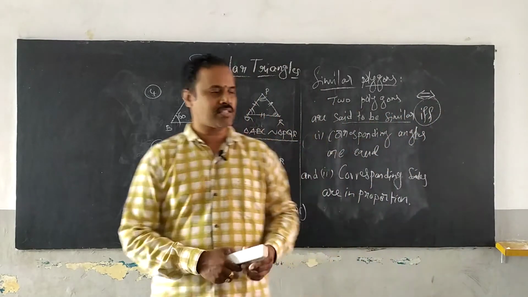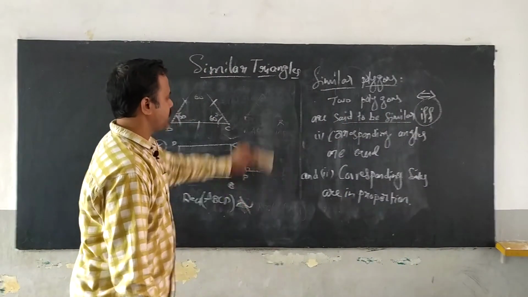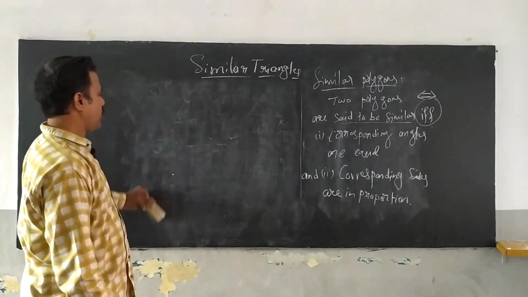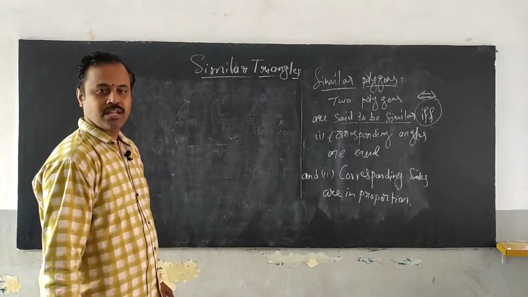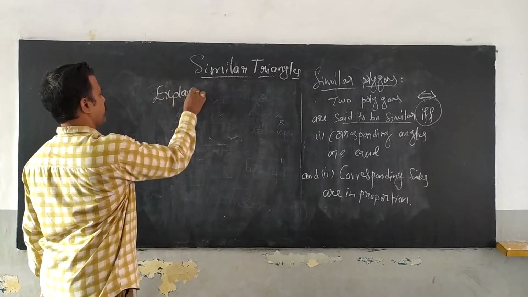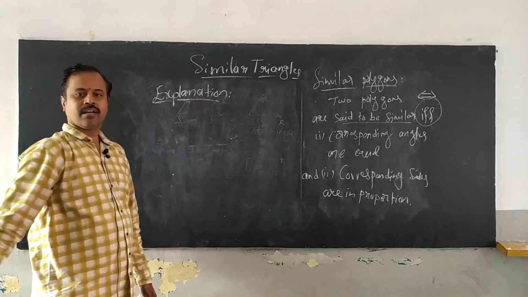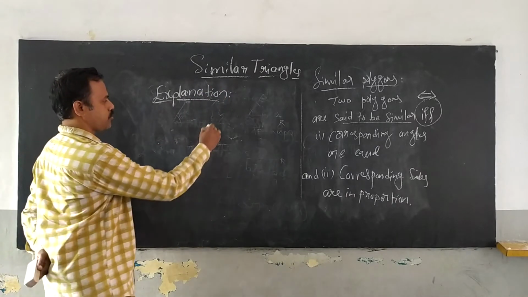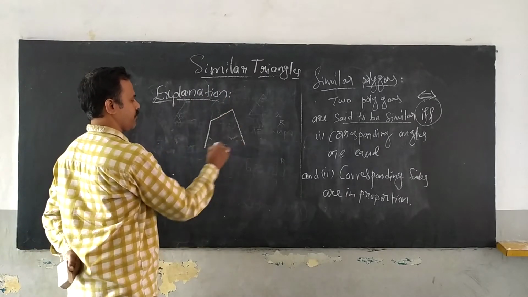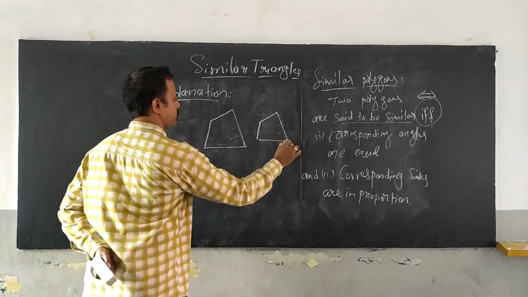Okay, now let us see an explanation about these similar polygons. Now what are the similar polygons? I take an example here to give an explanation. So let us take two quadrilaterals, which are considered as polygons.